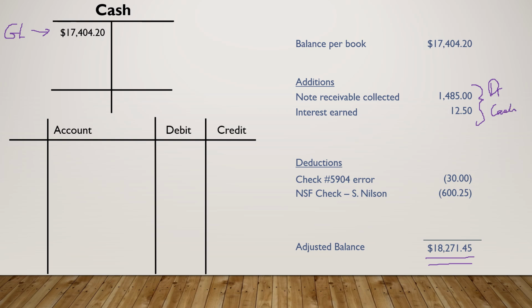For instance, the bank collected $1,485 and added it to our account, so we'll debit cash for that amount. This collection was for a $1,500 note receivable, so we'll credit that receivable off the books. Recall that the bank charged us a $15 fee for performing this collection, so that's our missing debit to balance this entry.